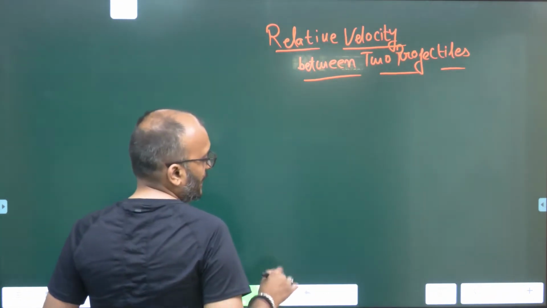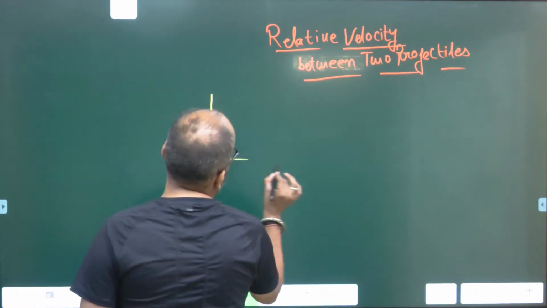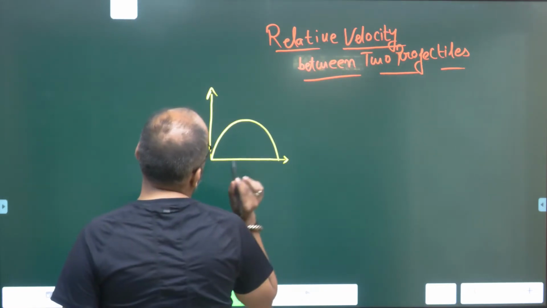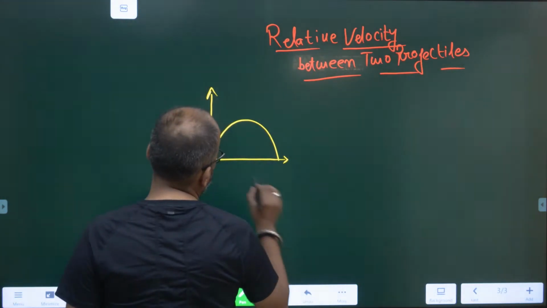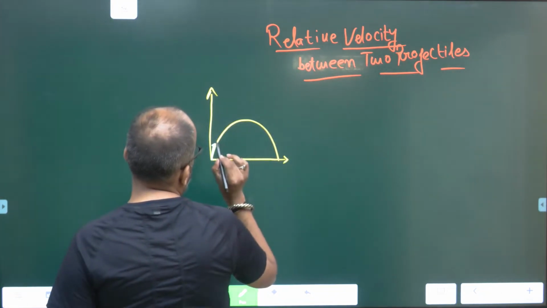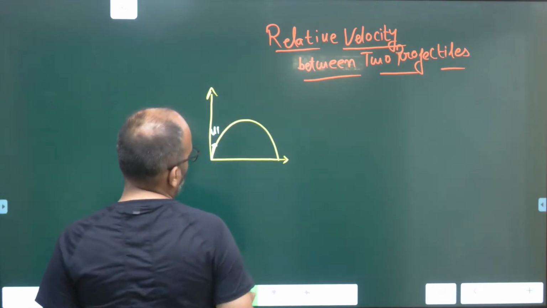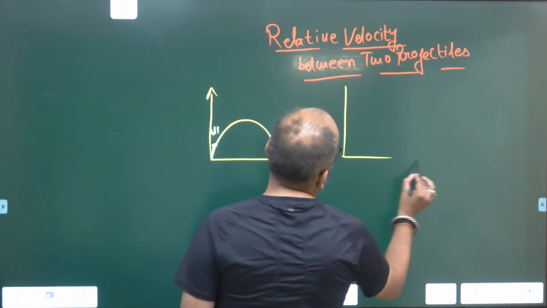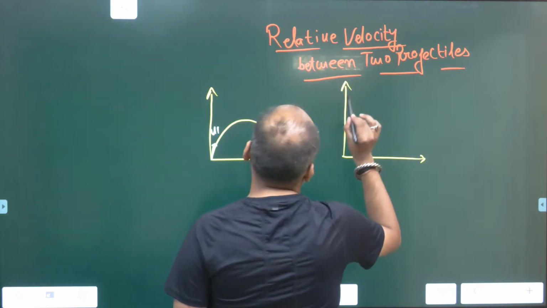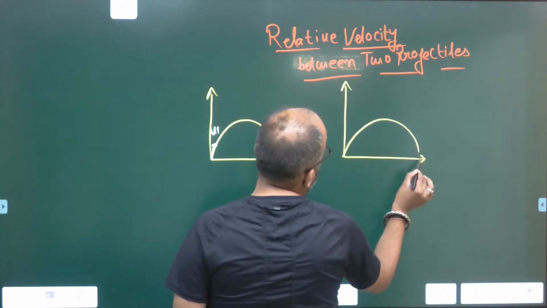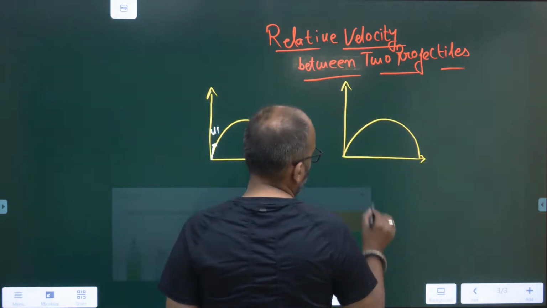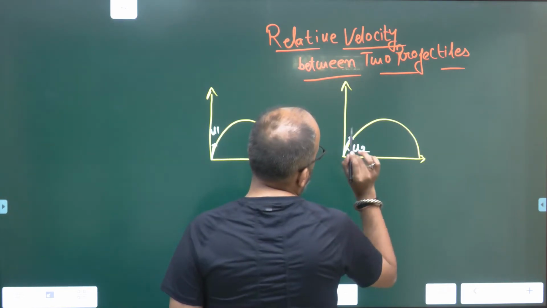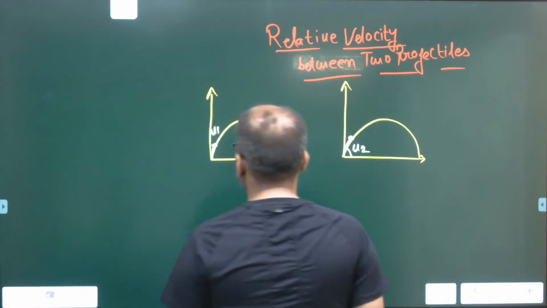So there are two projectiles, let us say this one projected with u1 velocity and this one projected with u2 velocity.